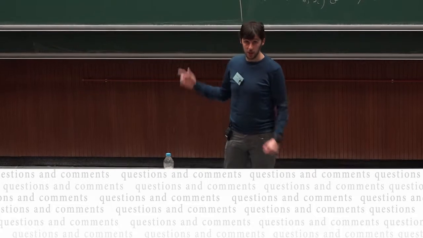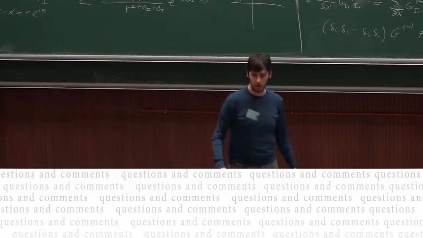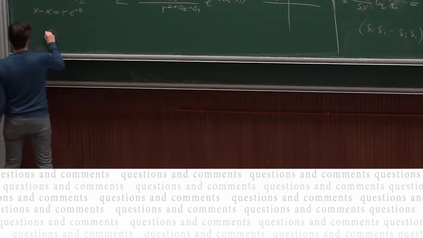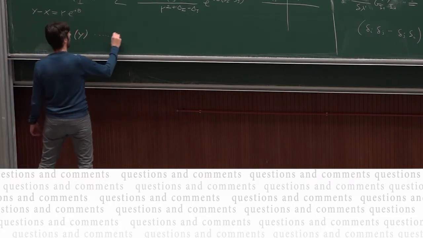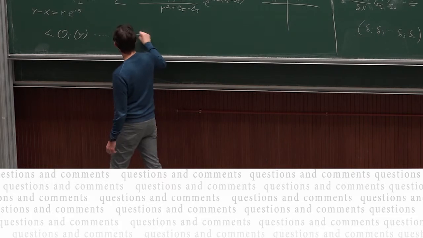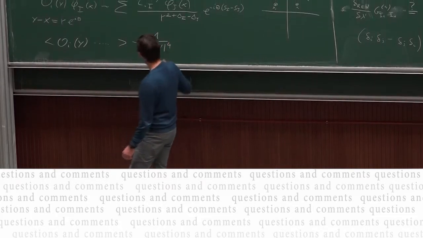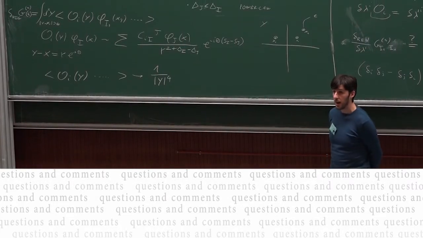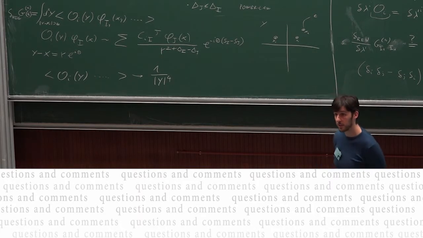And I'm sorry, I should have told you, indeed. I should have reminded you that this correlator, with whatever insertion, goes to 0 at infinity at least as fast as 1 over y to the 4th. And this you should be able to prove with what you learned in the previous courses.